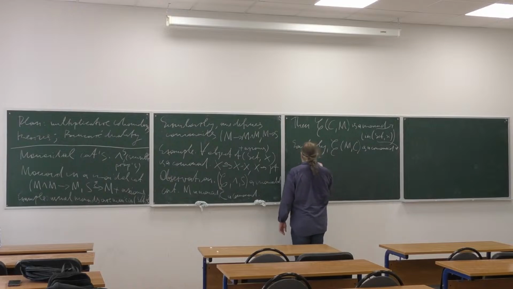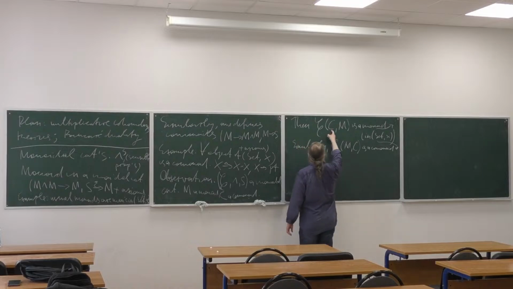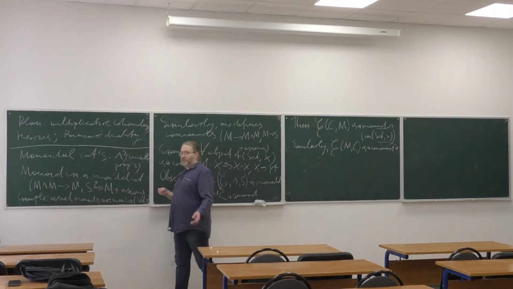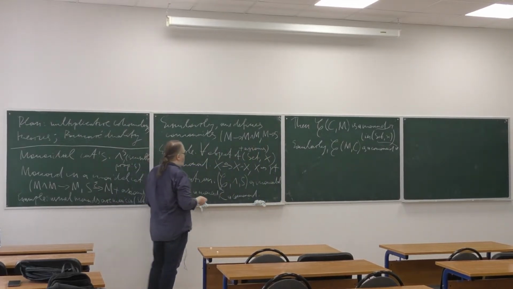So let me explain how the first part works. I take maps from C to M, that is, from the comonoid to the monoid.